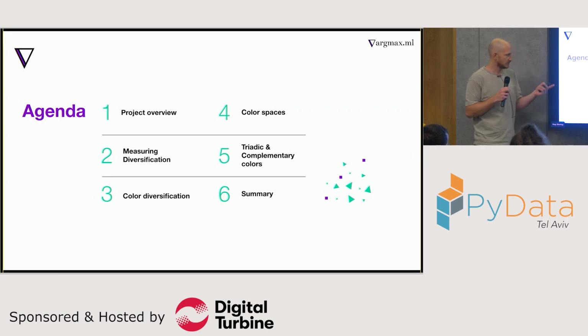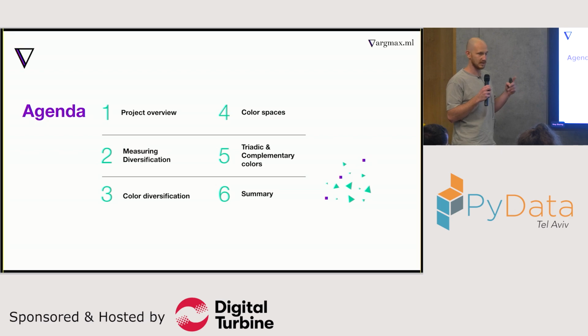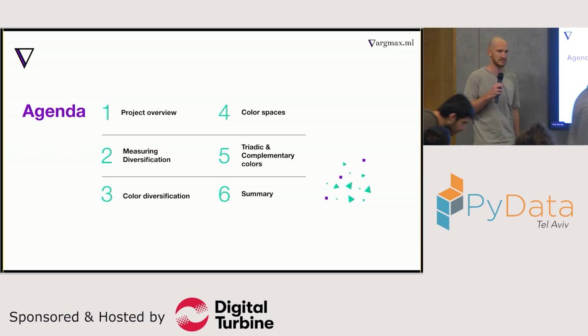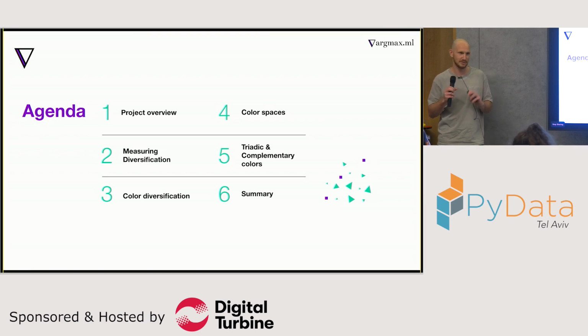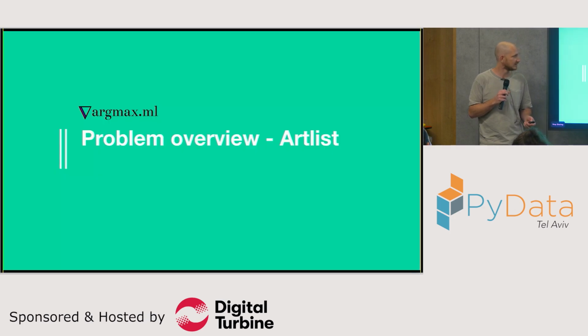We're going to talk about the project, and how we measure diversification. We're going to talk about color diversification, color spaces, triadic and complementary colors. Everything's going to be clear in a second, I promise. And a summary. My talk is relatively short, so we're going to do it fast and high level.